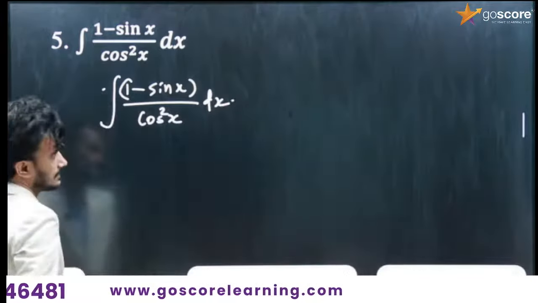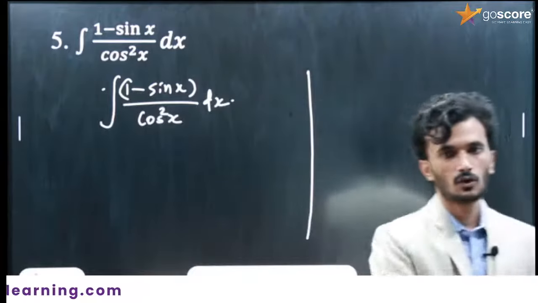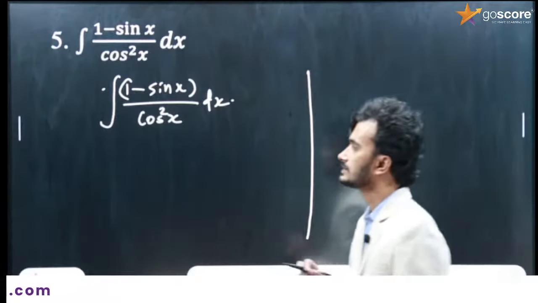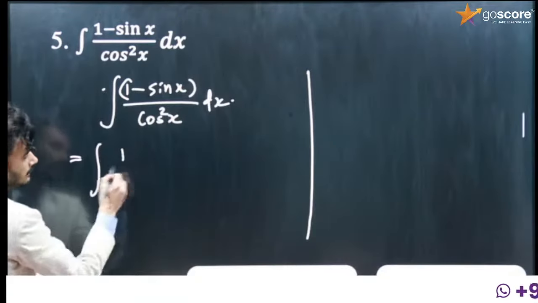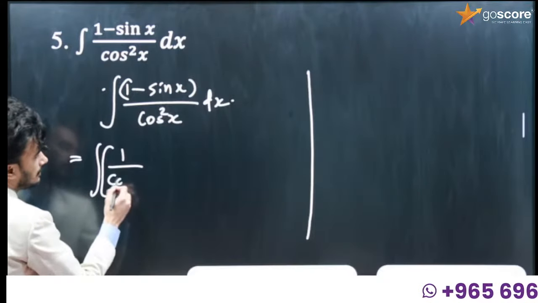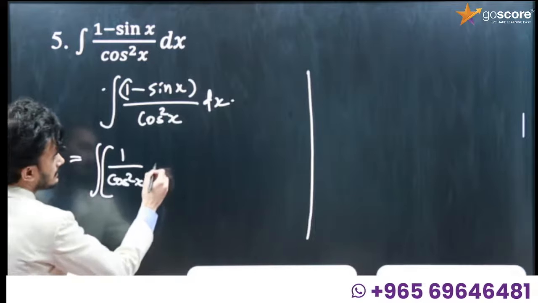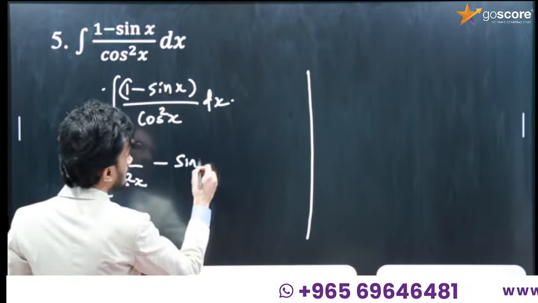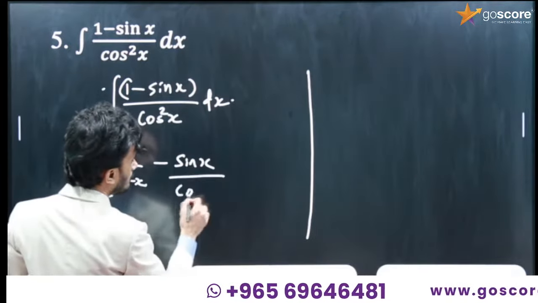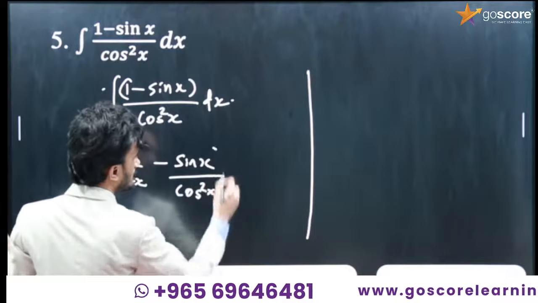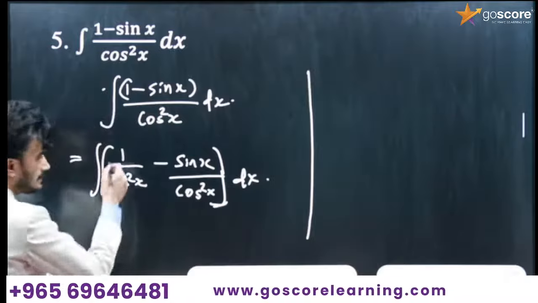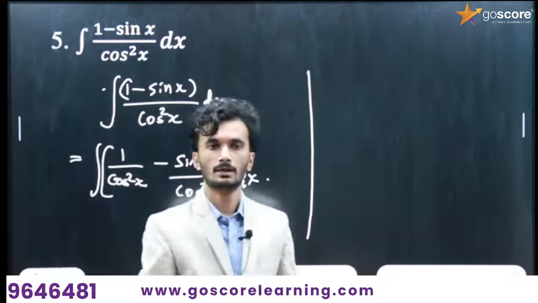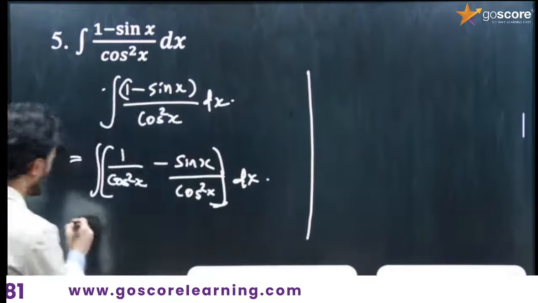Here you can see the denominator is the same, cos square x. So I am writing 1 divided by cos square x minus sin x divided by cos square x, dx. What is 1 by cos? It is sec.